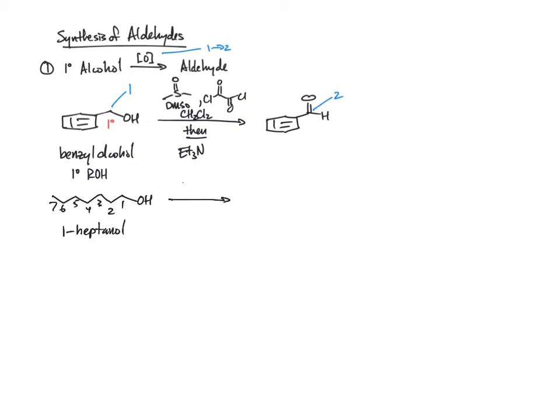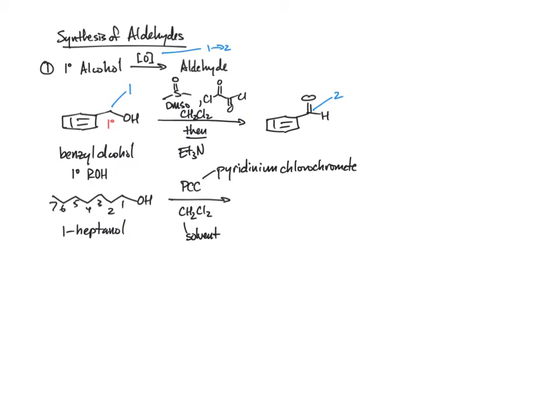We can use a reagent called PCC, which is pyridinium chlorochromate. And our solvent for this is going to be dichloromethane. It's a pretty common solvent because it's polar, yet it's inert to the reaction conditions.